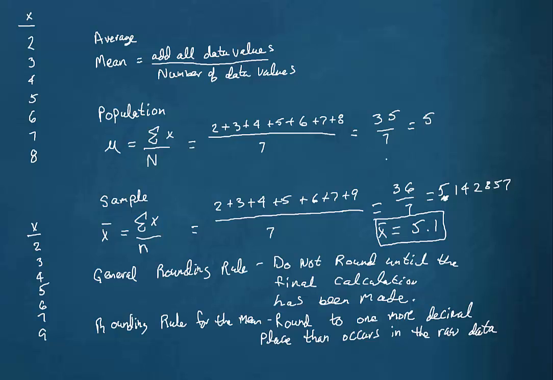Which then tells us that even though 35 over 7 is 5, we really should report this mean as 5.0. Our mean is rounded to the tenths place, and it conveys that our data set consisted of whole numbers.